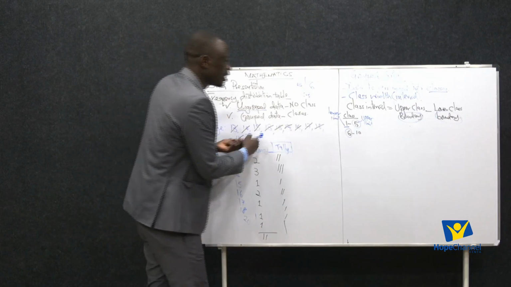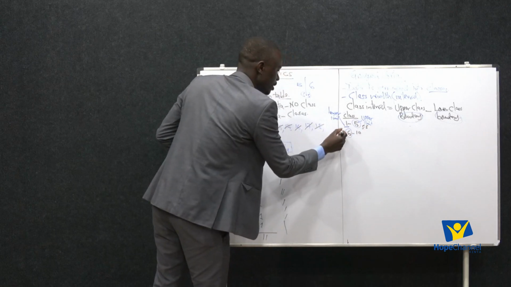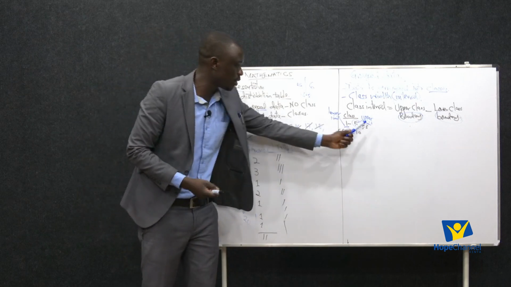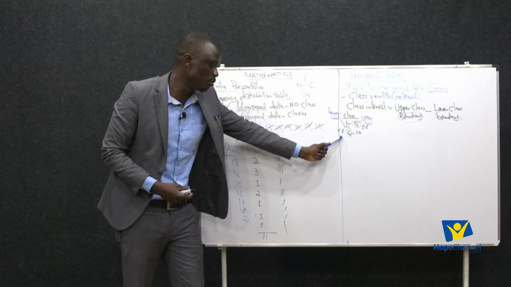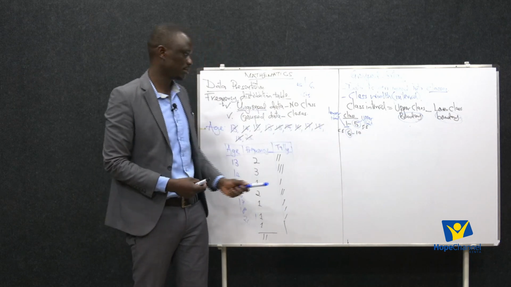This one is ending at 5.5, and this one is now beginning at 5.5. So whenever this one ends, that is where the next class will begin. So these are what we are calling boundaries.